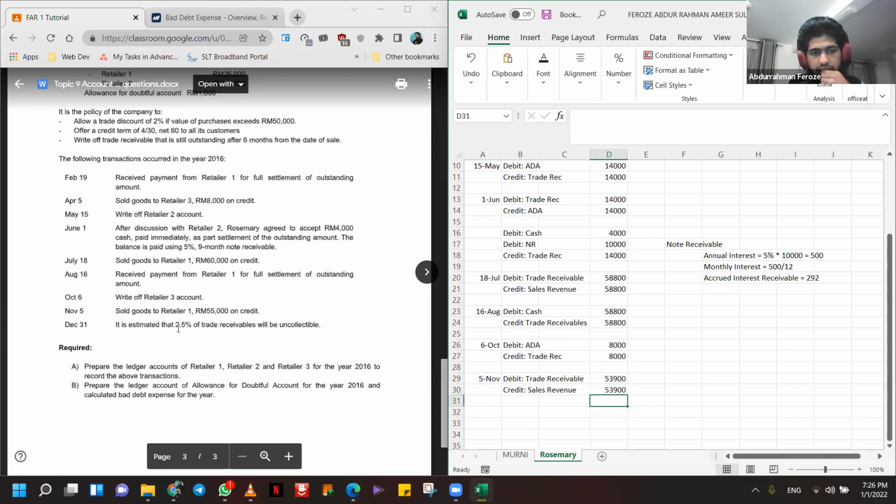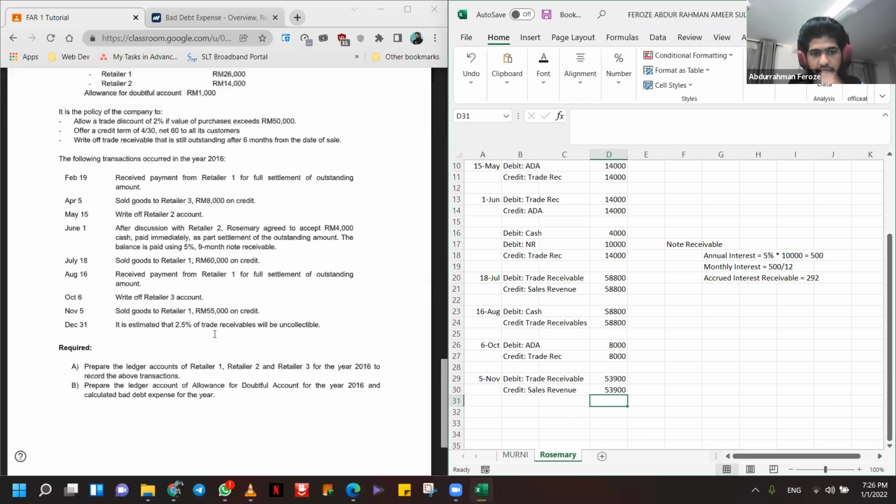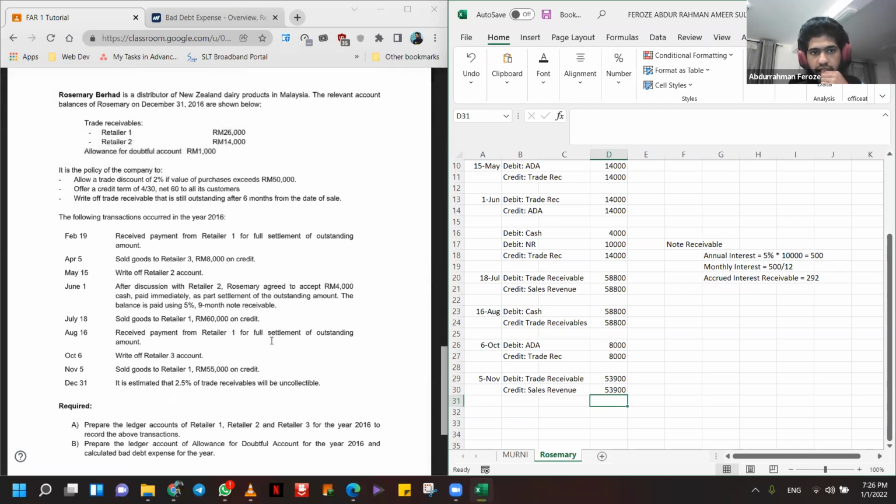And then December 31st, it is estimated that 2.5% of trade receivables will be uncollectible.